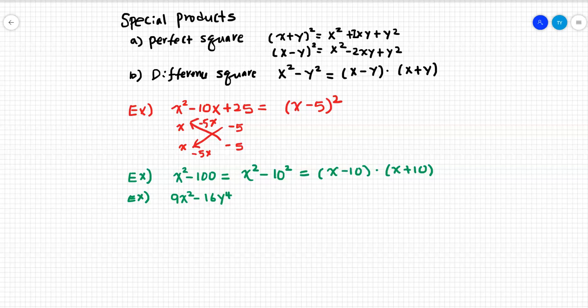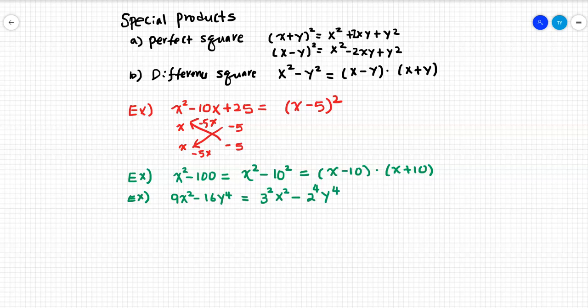So if I rewrite this, the 9 is going to be a 3 squared, isn't it? So let me rewrite this: 3 squared, x squared. 16 is 4 squared, so minus, or you can use 2 to the 4th. Okay, 2 to the 4th, and the y to the 4th, right?